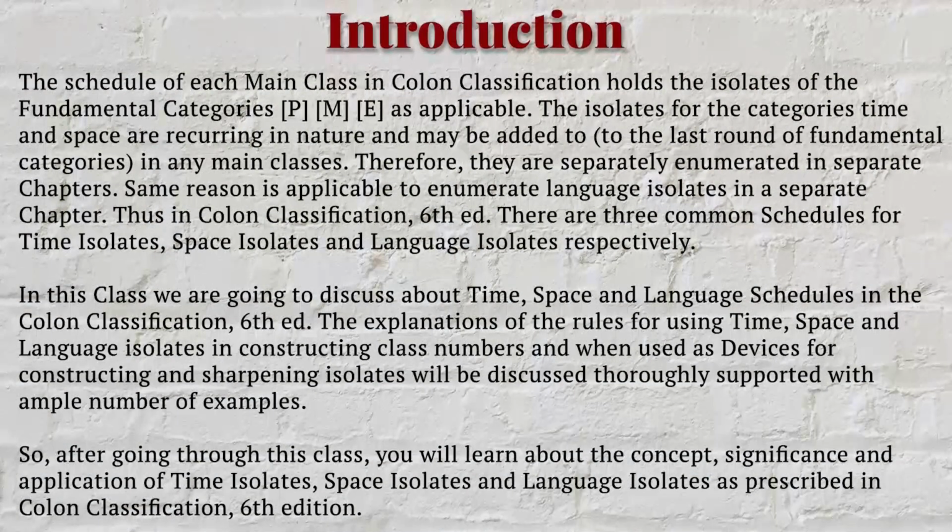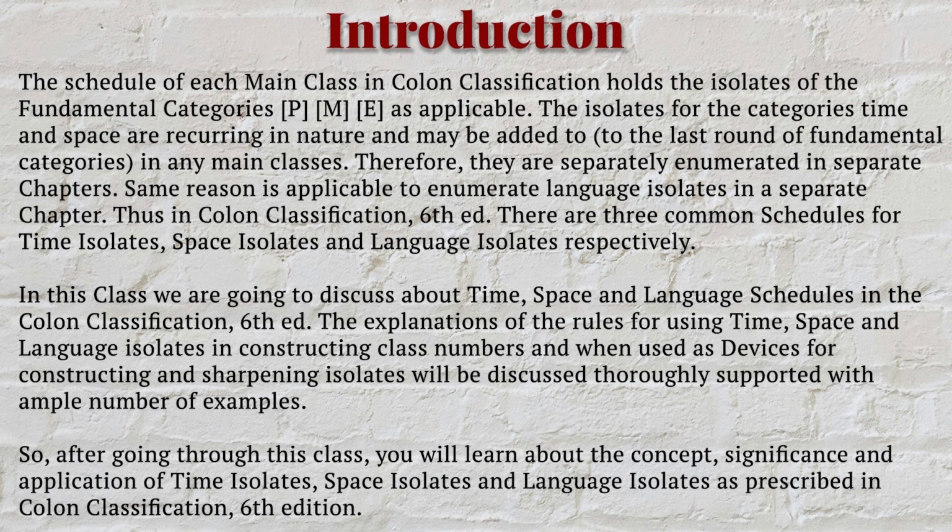Classification 6th edition. The schedule of each main class in colon classification holds the isolates of the fundamental categories personality, matter and energy as applicable. The isolates for the categories time and space are recurring in nature and may be added to the last round of the fundamental categories in any main.